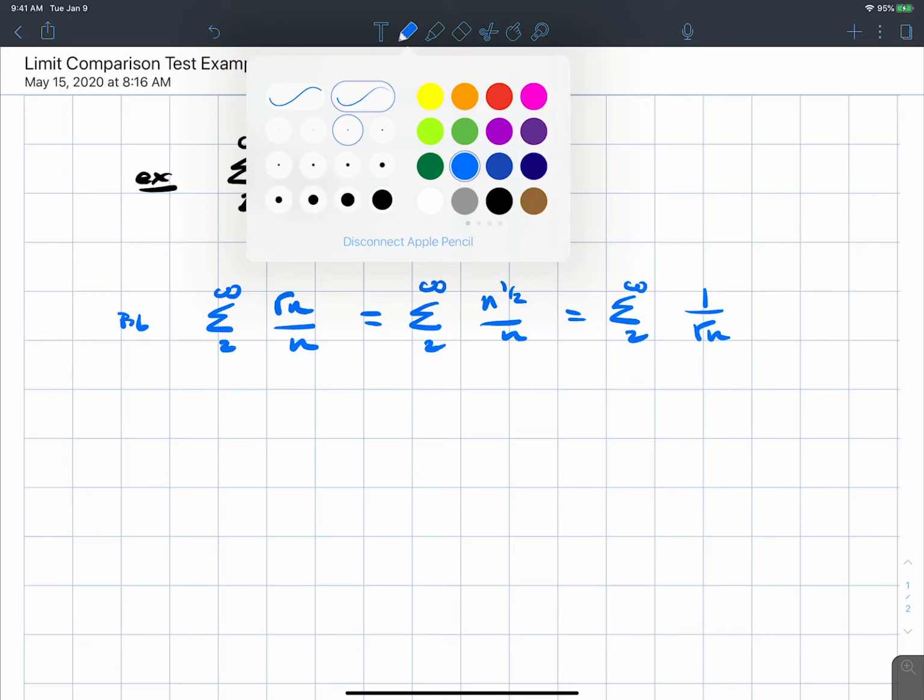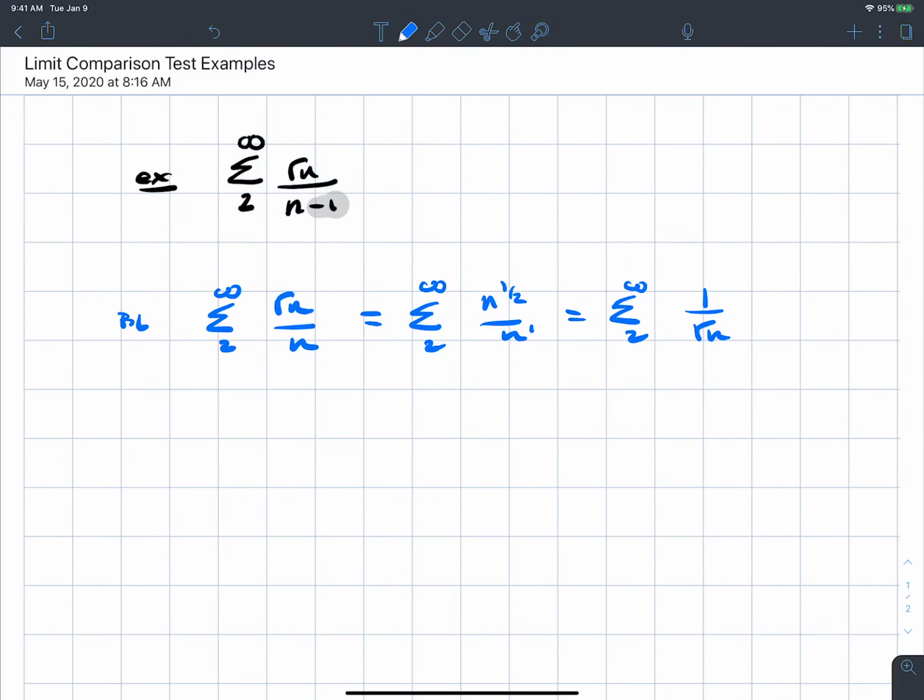So you guys are using properties of algebra here, which is n to the minus 1/2. And we know that this particular series is 1 over n to the 1/2.